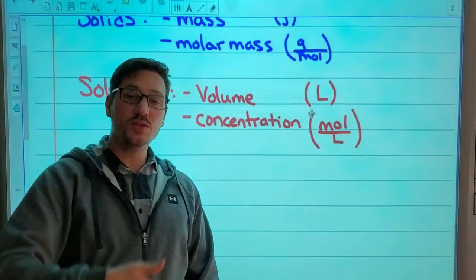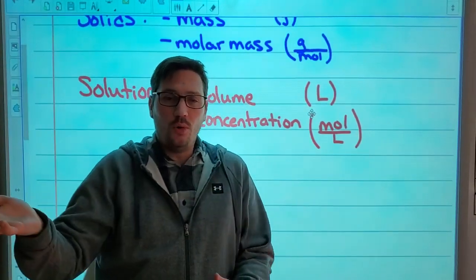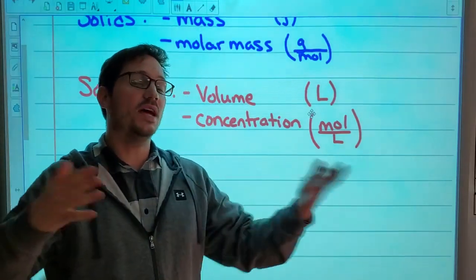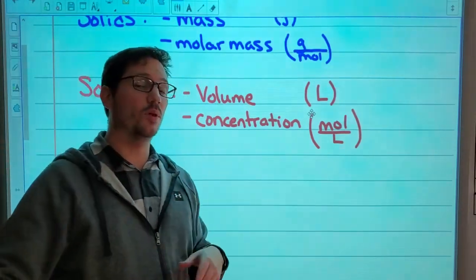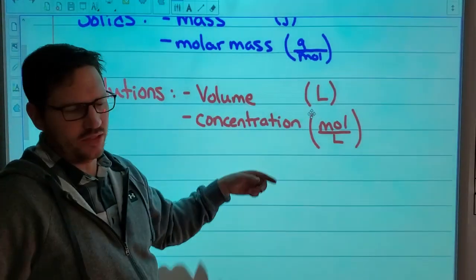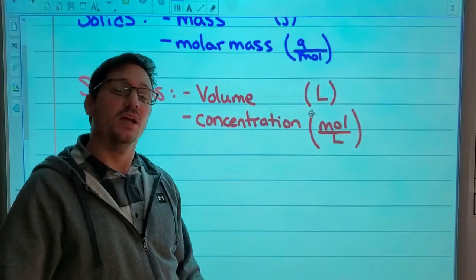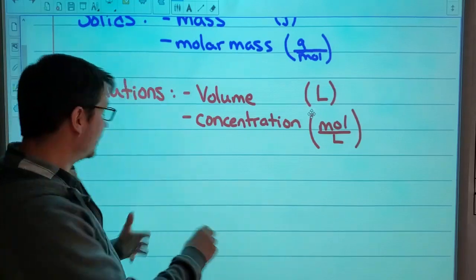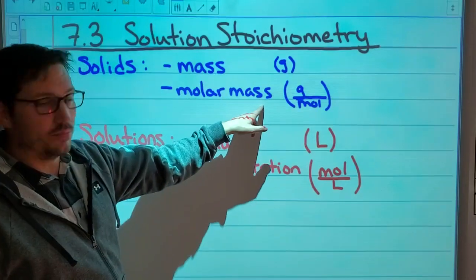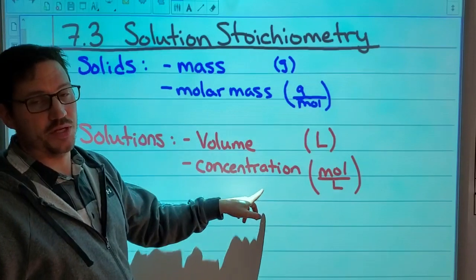This is also helpful in stoichiometry. Remember, stoichiometry requires moles to convert into moles of a different substance. We use that molar ratio to convert from one substance to another. When you have the volume and the concentration, liters and liters cancel and we end up with moles. So it's a very analogous situation. If you're given a mass, you need a molar mass. If you have a solution, you need a volume and a concentration.